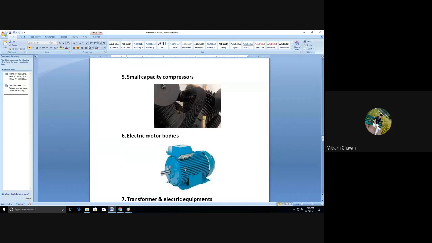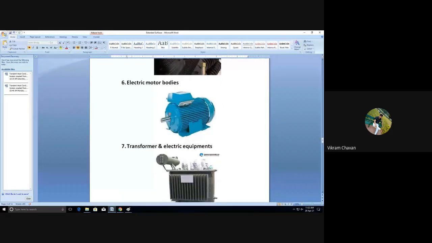To transfer that extra generated heat to the surroundings, firstly the heat will transfer to the surface of the motor, then to the fins, and then to the external environment. So here these fins play the major role in increasing the heat transfer rate from the product to the external environment.